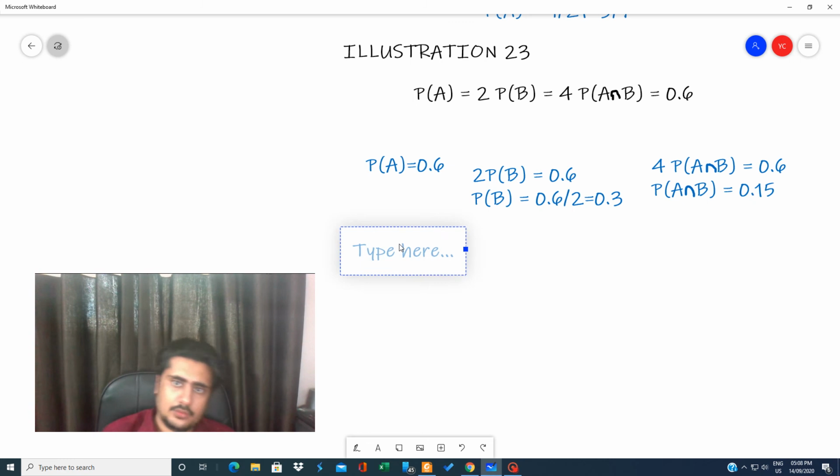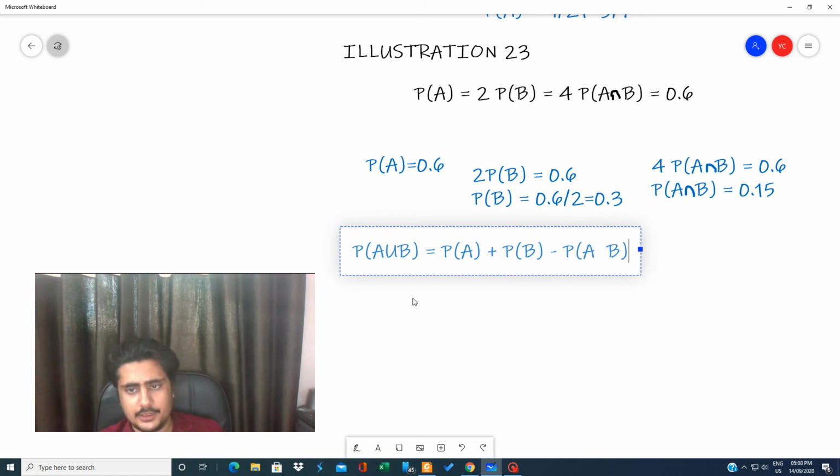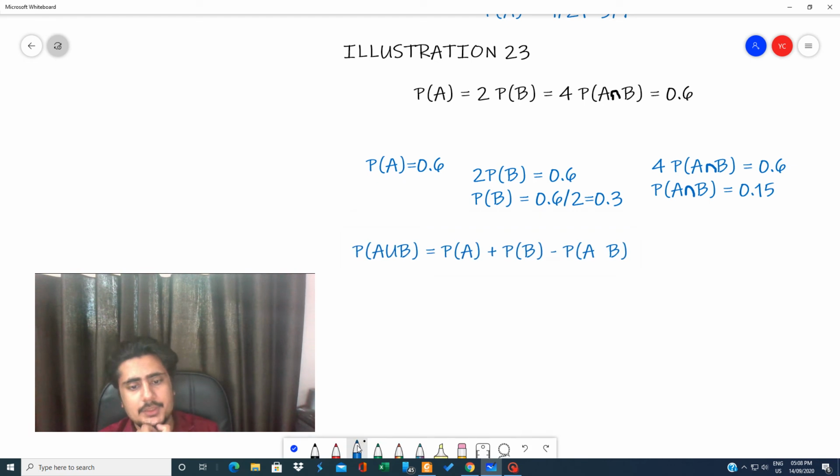Now, in this case, you need to find A union B also. We will be using this P of A union B in some formula, so I am finding it in the first stage now only. You can find it later on in the sum when you need it. It's fine. So P of A union B is equal to P of A plus P of B minus intersection.